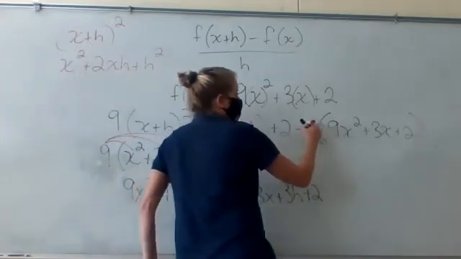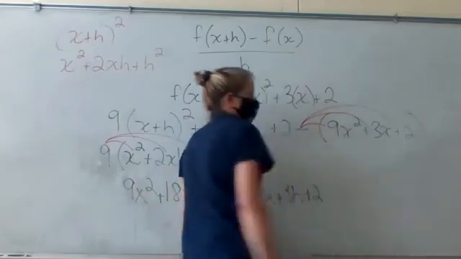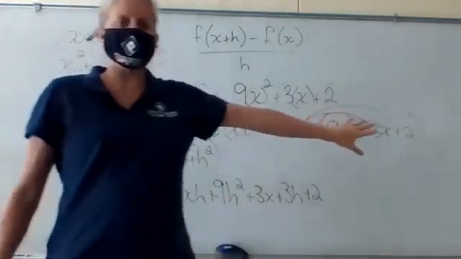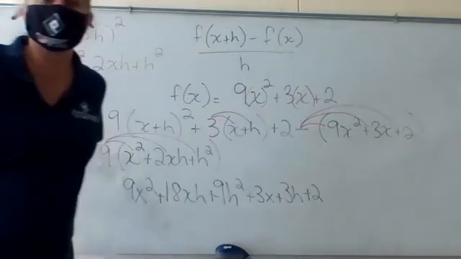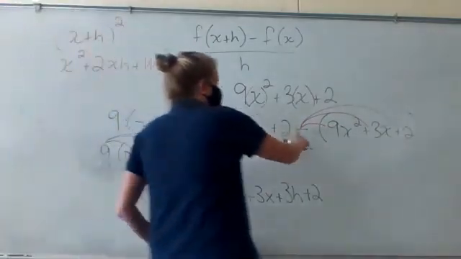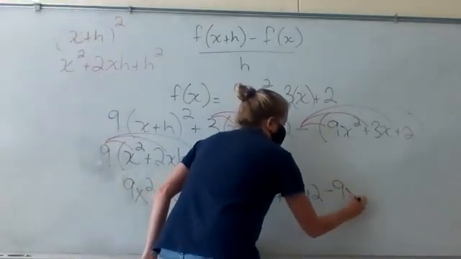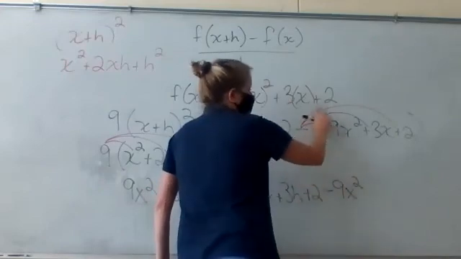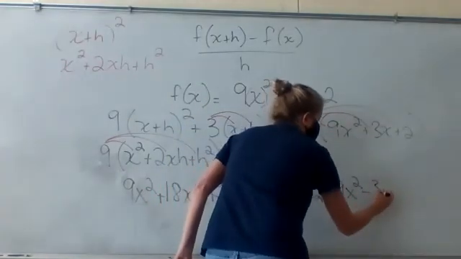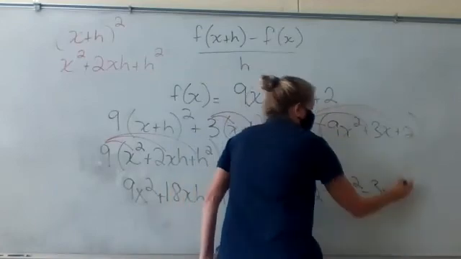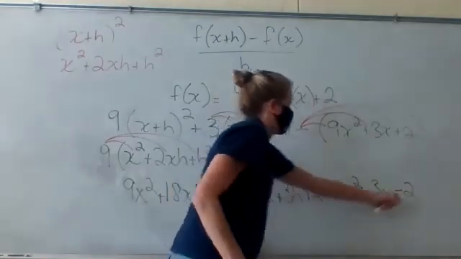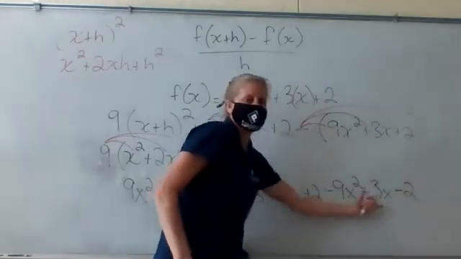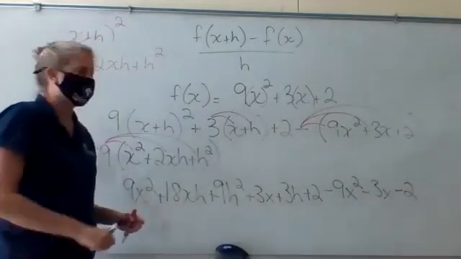Now remember what distributing that minus does. It makes everybody in that last parenthesis cancel somebody up front. It turns this into a negative 9x squared, turns this into a negative 3x, and it turns that positive 2 into negative 2. Again, all of these terms will now cancel something up front.